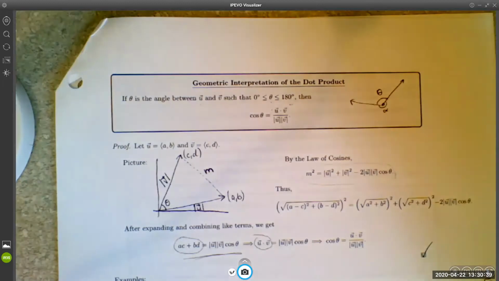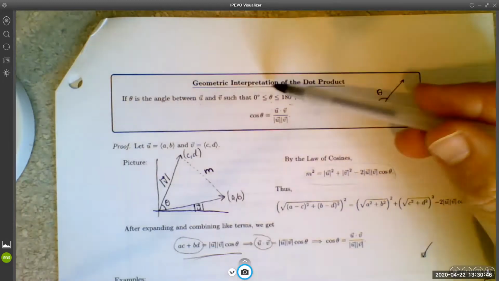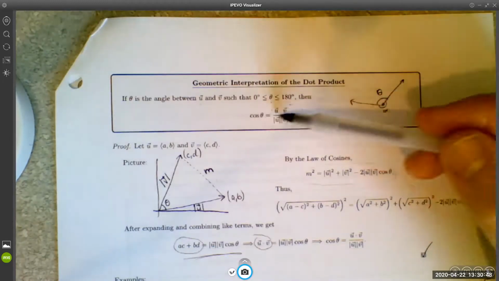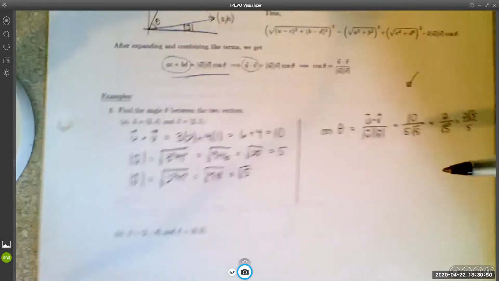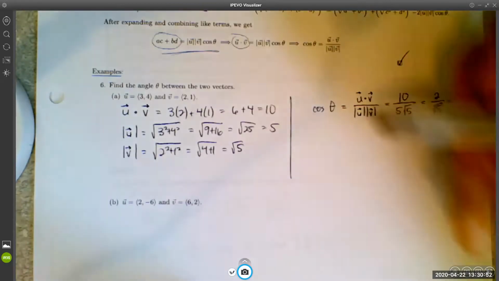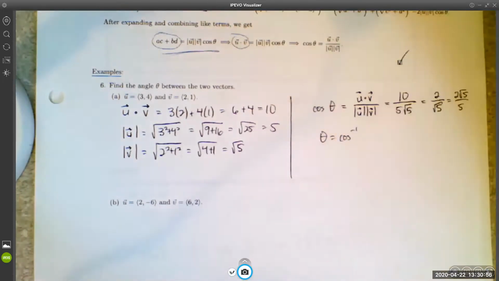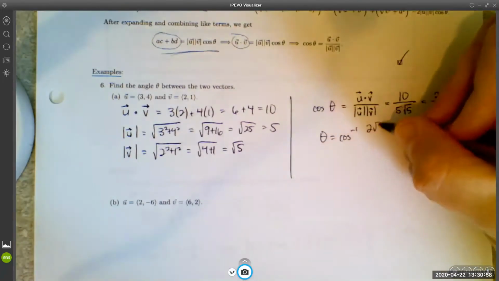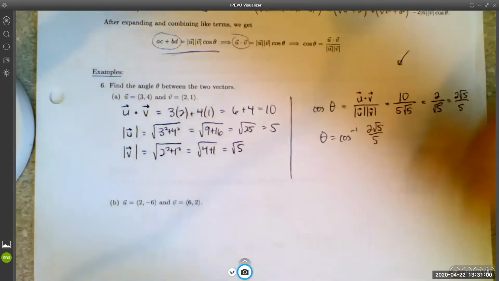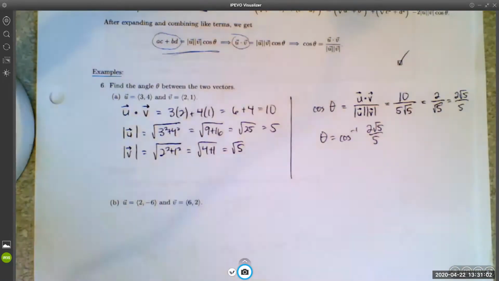Because cosine inverse is going to map you somewhere between 0 and 180, which is exactly where you want to be, right? So in this case, we can just safely take cosine inverse every time. So I'm going to say theta equals cosine inverse of 2 root 5 over 5. And I don't even need to draw a picture. I know for a fact that this is going to give me the angle I'm looking for.